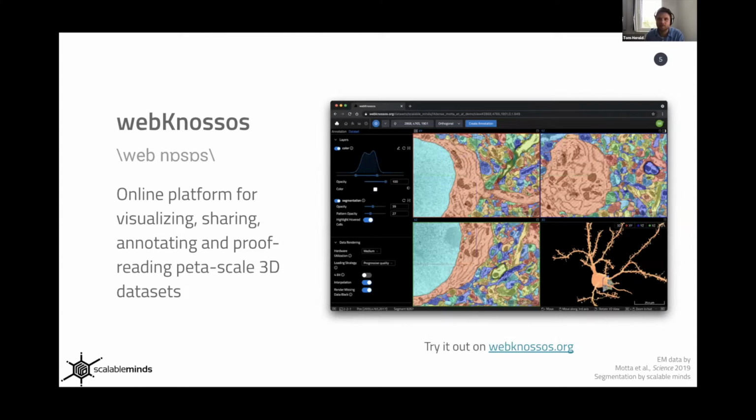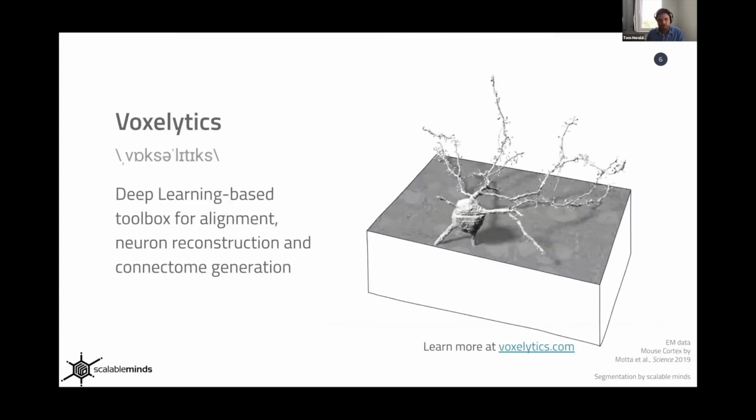Our background is in computer science, but most of the scientific partners that we're working with typically come from the field of neuroscience, so it has a little bit of bias towards that, but generally speaking can be used for micro CT, MRI, CT scans, and other modalities just as well. In addition to webKnossos, our company has another tool called Voxelytics, which is more our AI software tools for the analysis, and I will talk a little bit more about that later on.